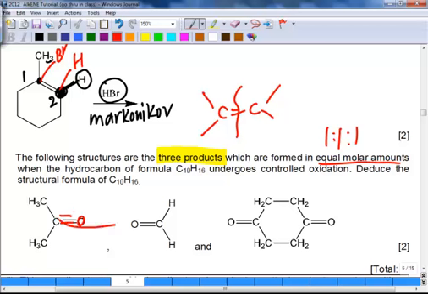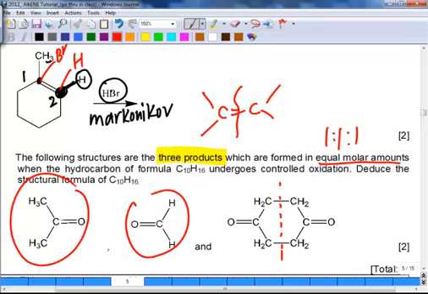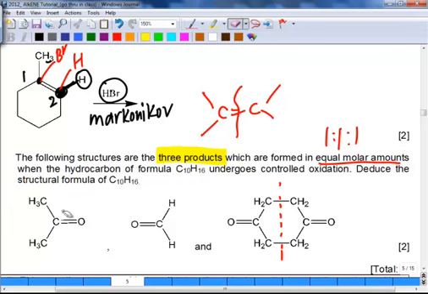So based on this, you notice that the ring structure is symmetrical. Both sides are the same. So now I have 2 different alkenes. What can you do to combine them? You can take this and put on this side, agree?